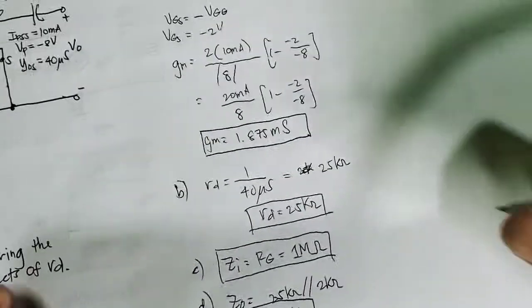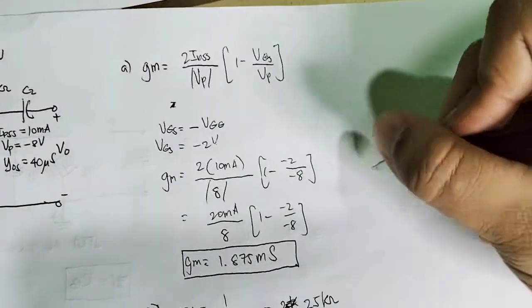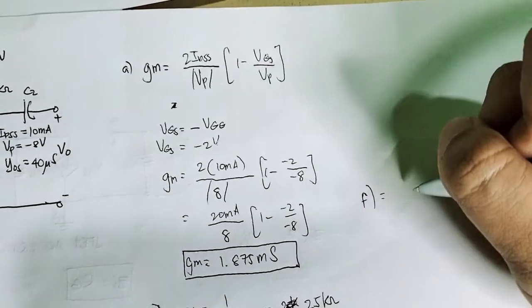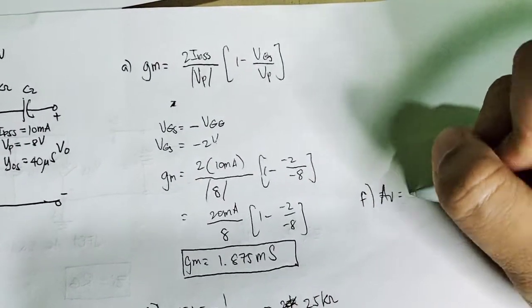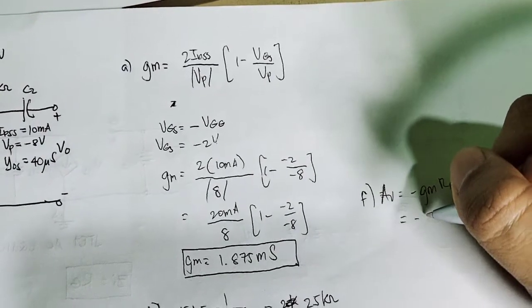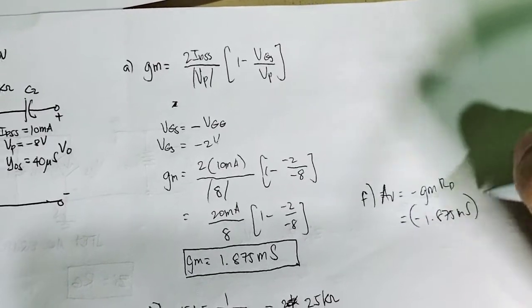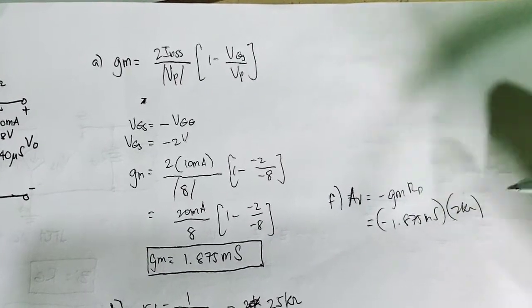How about if we ignore the internal resistance of the JFET? Letter F, voltage gain is equal to negative gm R_D, negative 1.875 milli times 2K.